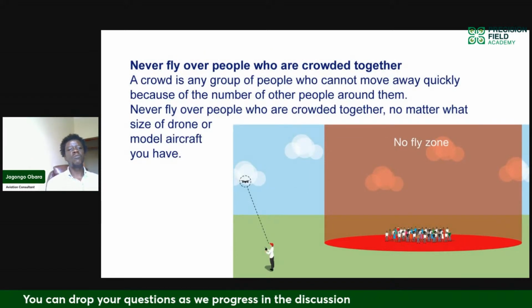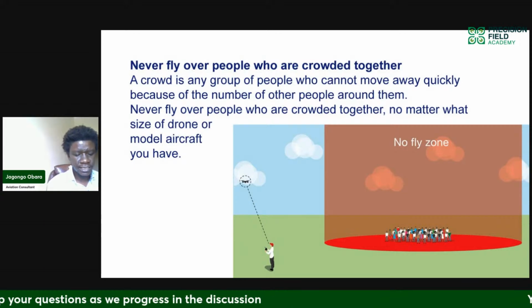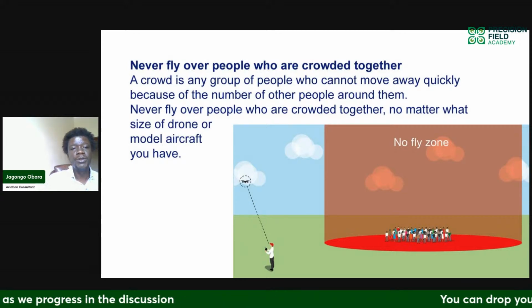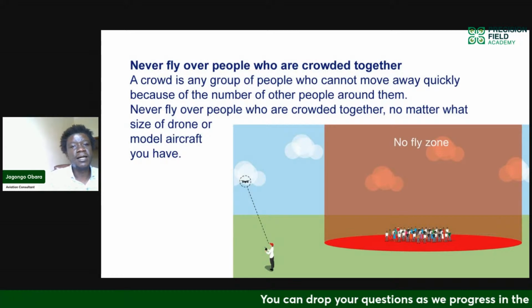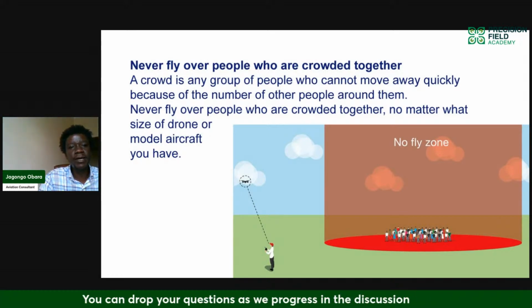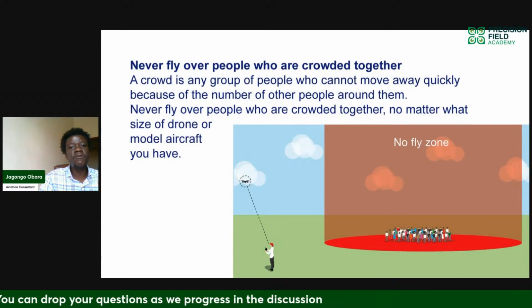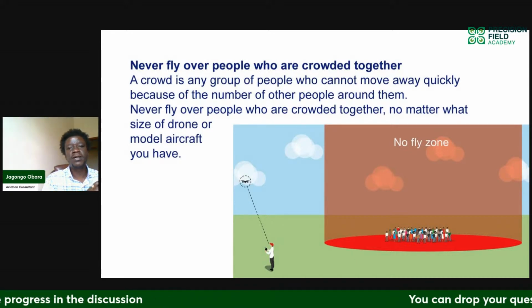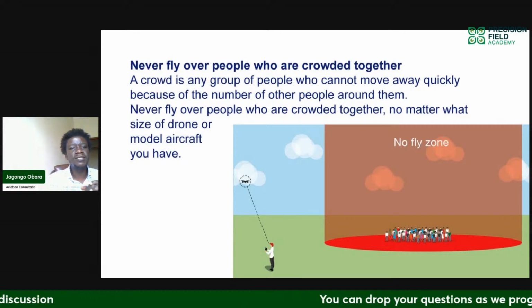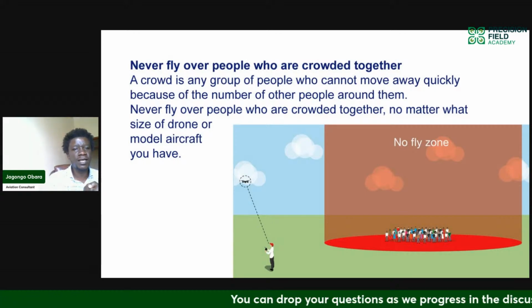And also, in the same breath, we do not want to fly over crowded people. So a crowd is any group of people who cannot move away quickly because of the number of people around them. So never fly over people who are crowded together, no matter what size of drone or model aircraft you have.